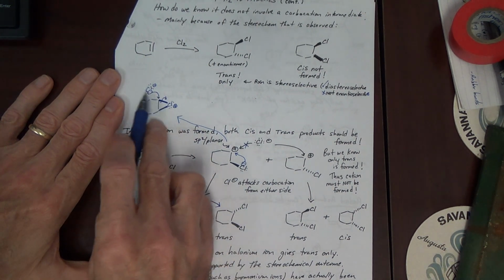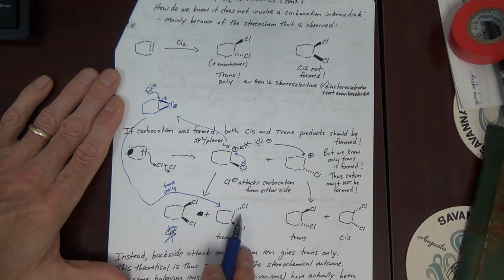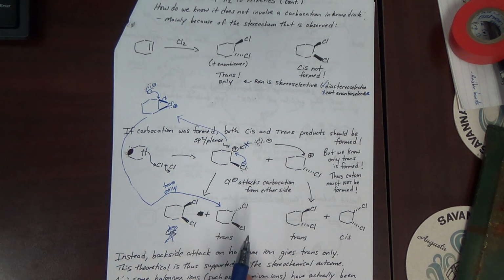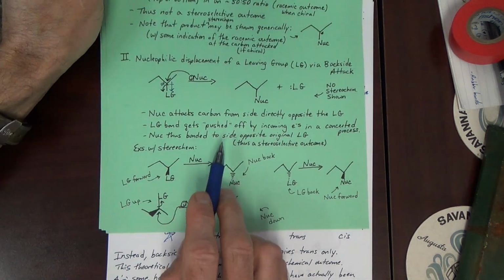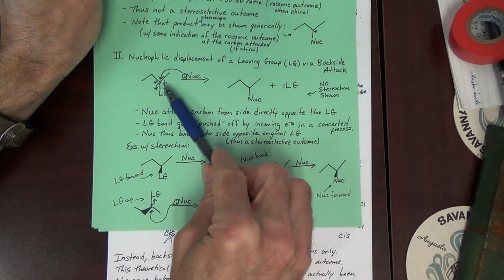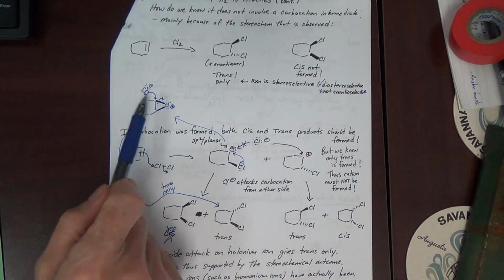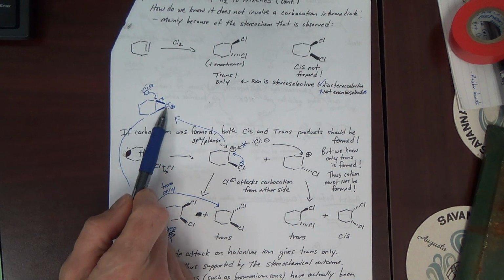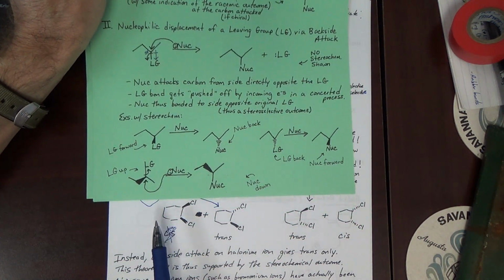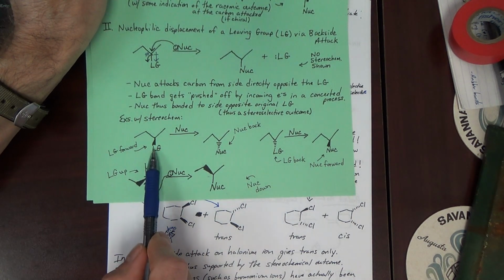Now hopefully you don't need explanation of why this chlorine is back. If you do, please refer here again to how does a nucleophile kick off a leaving group? That's what's happening here. Nucleophile is kicking off this chlorine from this carbon. Okay? The leaving group is forward.